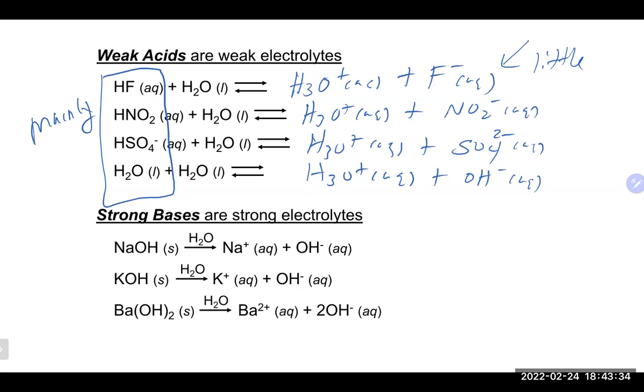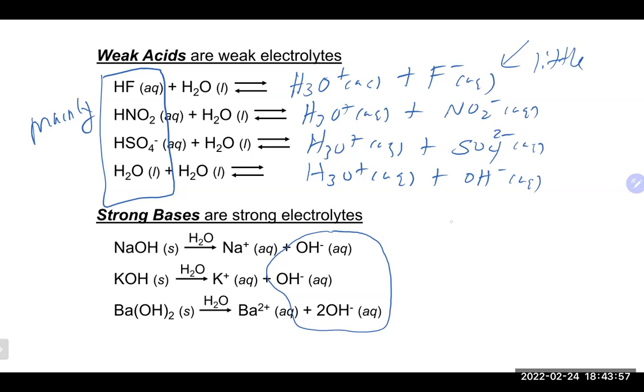Just like our strong acids, each of these guys produces hydroxide, which makes them bases. You get a lot of hydroxide in solution very quickly, which means the pH should go which way? Should go up, right? pH goes up because OH- went up and H+ went down. So you have more OH-.